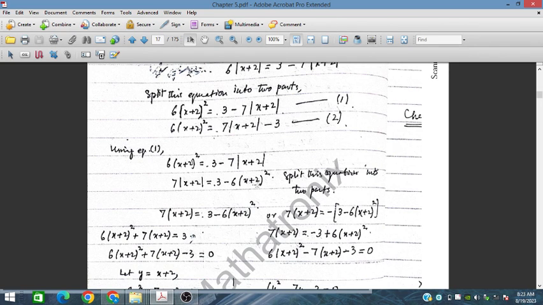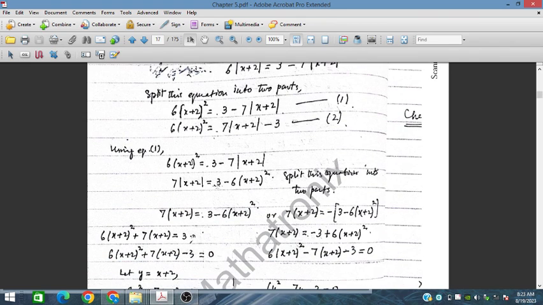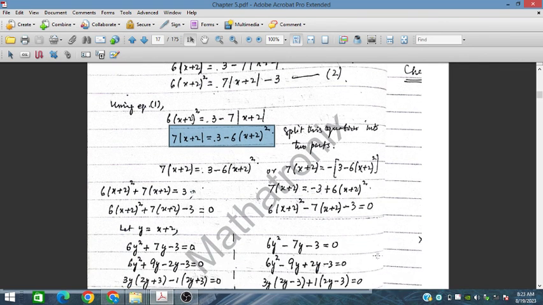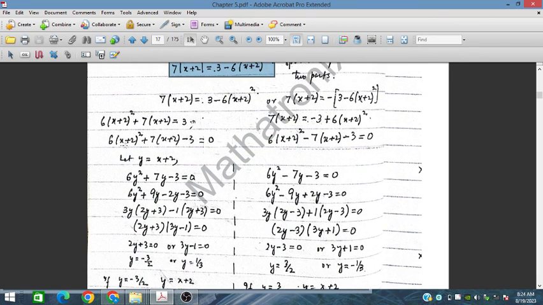So this is a very important question. Question number 3 is very important from the examination point of view. This equation can be split into two parts, part A and part B, and by simplification, to make it easy, we take a trick like y is equal to x plus 2.